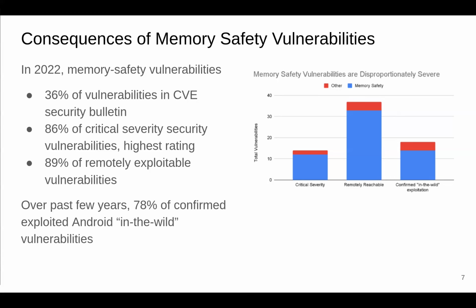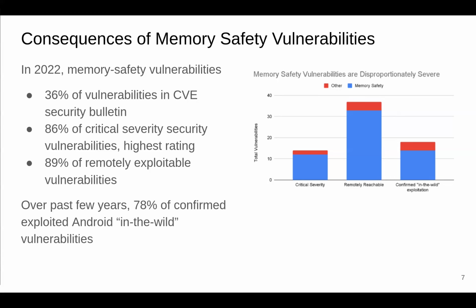Memory safety vulnerabilities, just 2 years ago, were 36% of all vulnerabilities in the CVE database. That's a common list that tracks or gives unique identifiers to individual vulnerabilities. They were 86% of critical severity security vulnerabilities, which is the highest rating that it gets, and 89% of remotely exploitable vulnerabilities. Now, this means that this is a big deal, right?